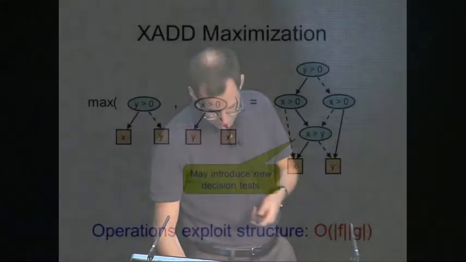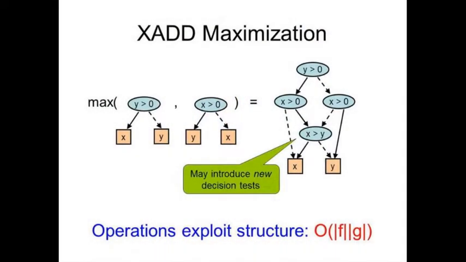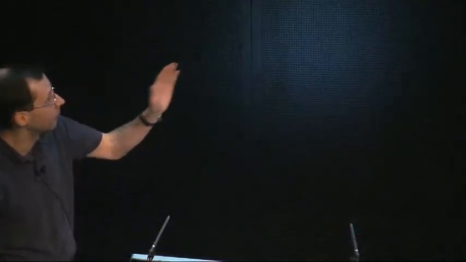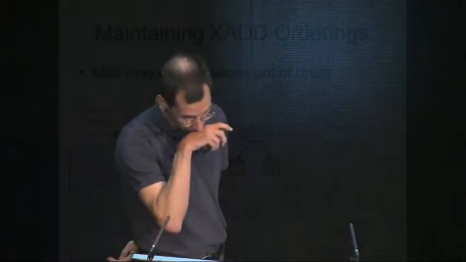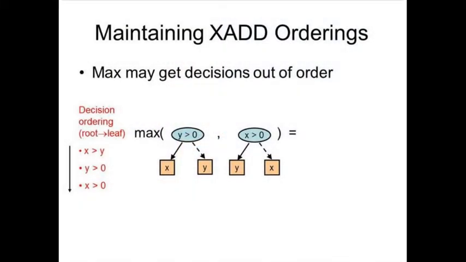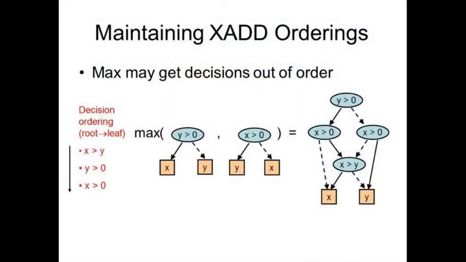And again, the operations exploit the structure. The same bound you got for BDDs and ADDs, that max blows up as the product of the size of your F and G operands, still holds here for the XADDs. That's quite convenient. Now, unlike BDDs and ADDs, you may get issues with orderings. Even if you do correct operations, you may get variables out of order because you introduced new decisions.